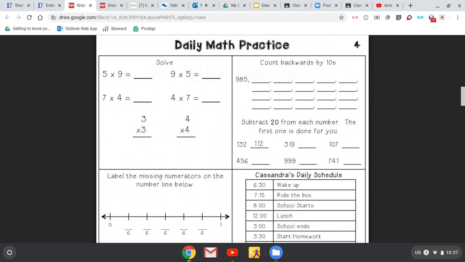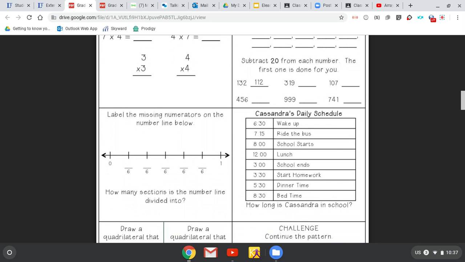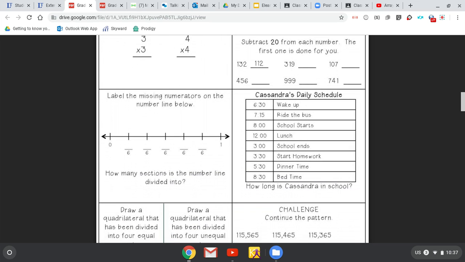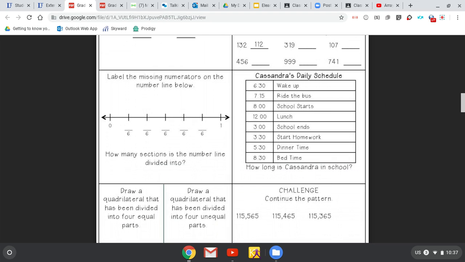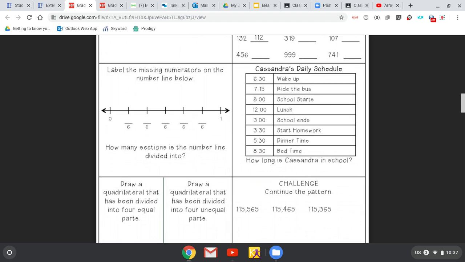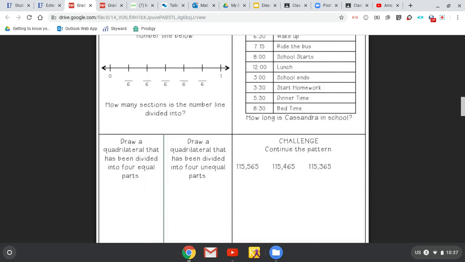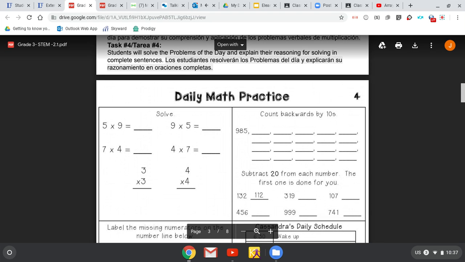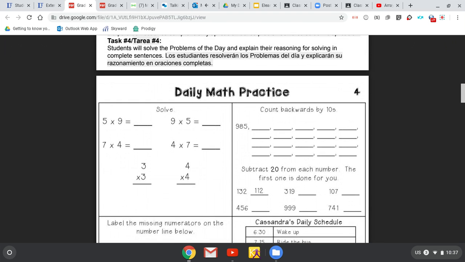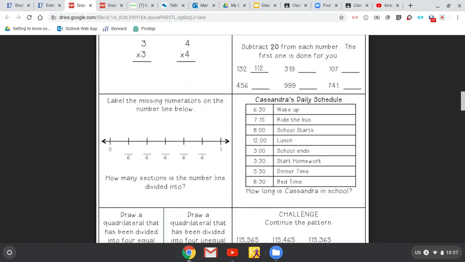Show your best skills, counting backwards by 10, solving multiplication, thinking about telling time and labeling fractions on a number line, as well as drawing some quadrilaterals and thinking about patterns with numbers. Remember, this is just a quick review to get your brain going so that you can focus on today's task. Okay?